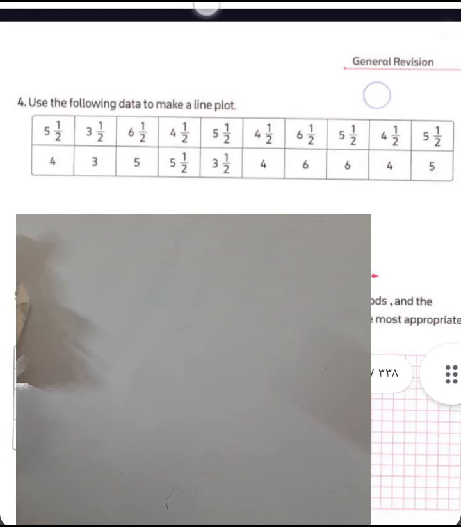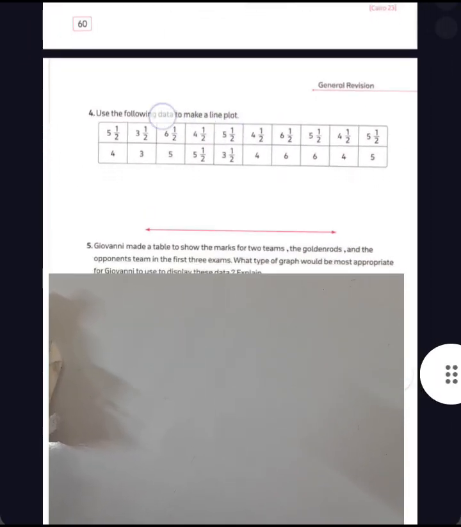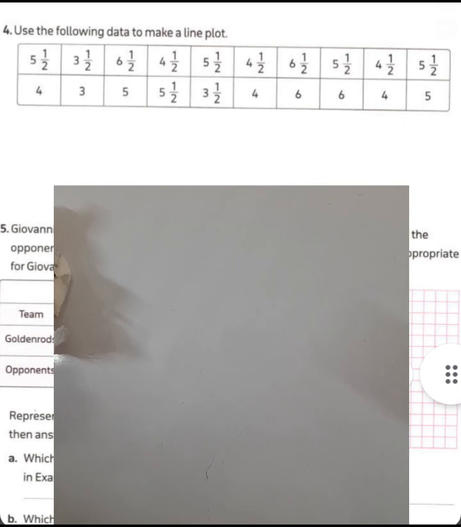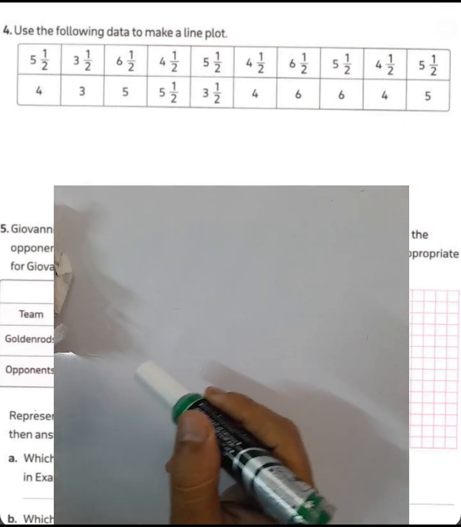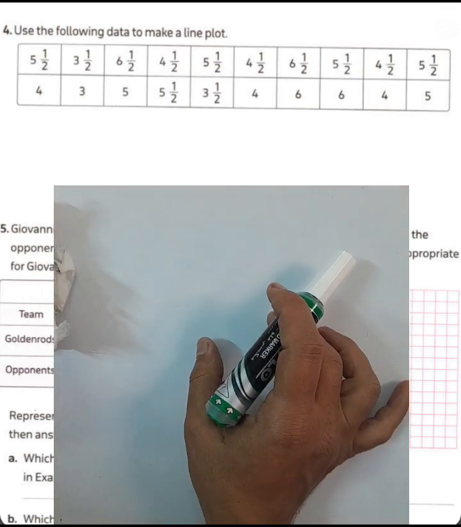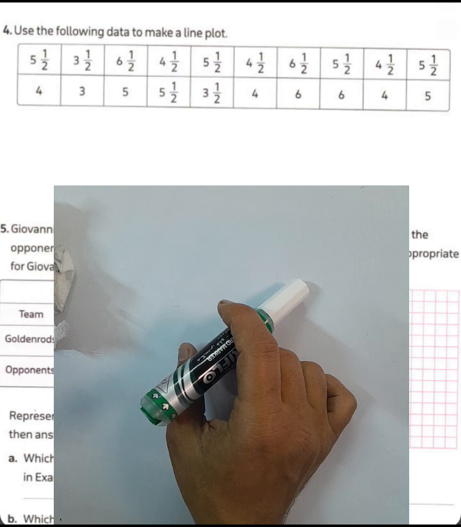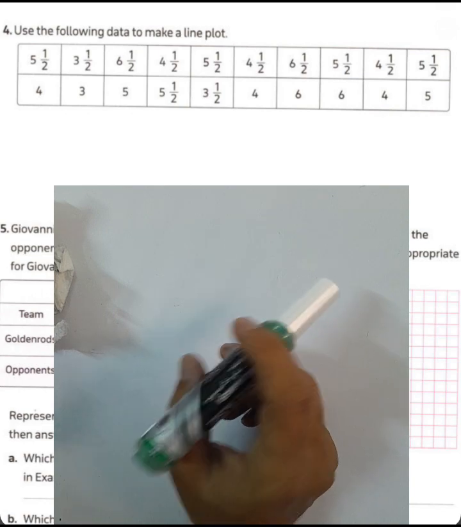Next example, we will use the line plot here. How do we solve this example? Okay, this table, the smallest number from the top, we have 5, 4, 5, 4, 3.5, 3 is the last here.